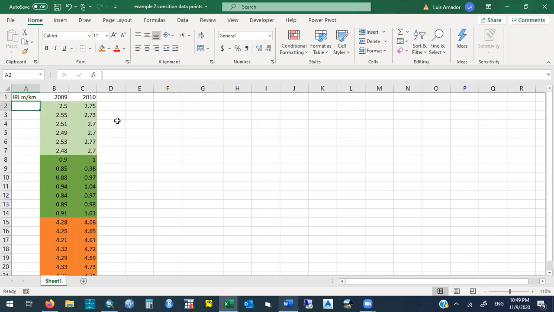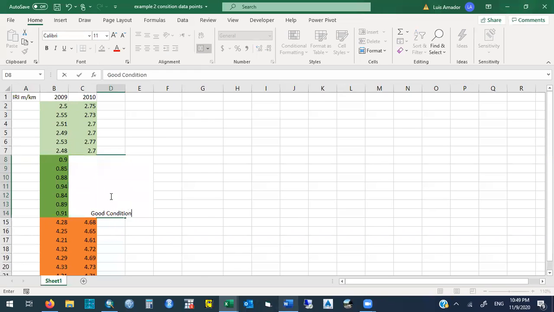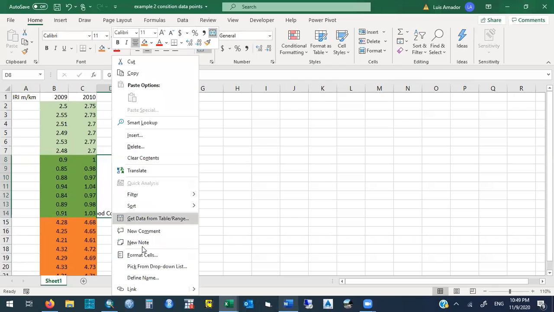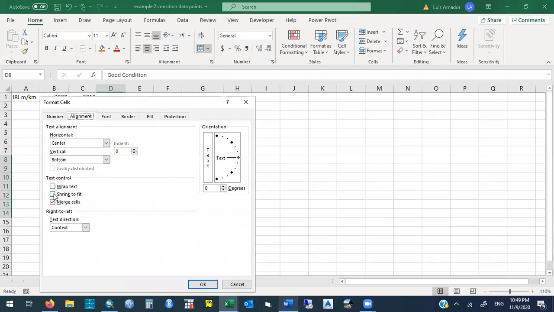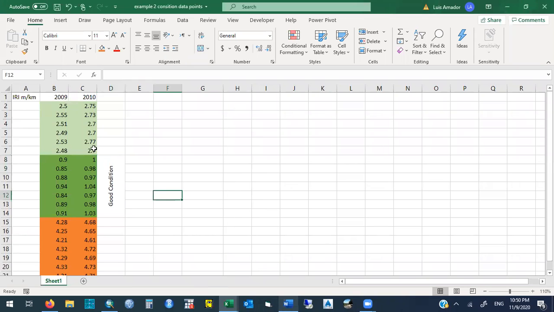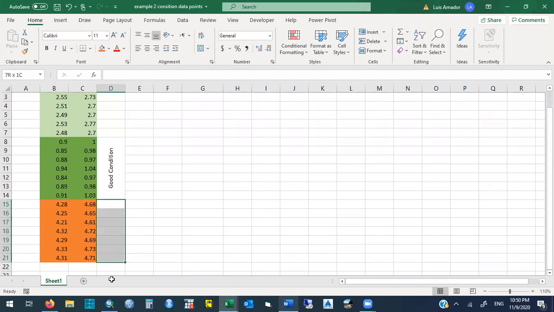Now you see this group over here is low, so you can judge this as good condition from a roughness perspective. Now this group over here, maybe it's not that good.